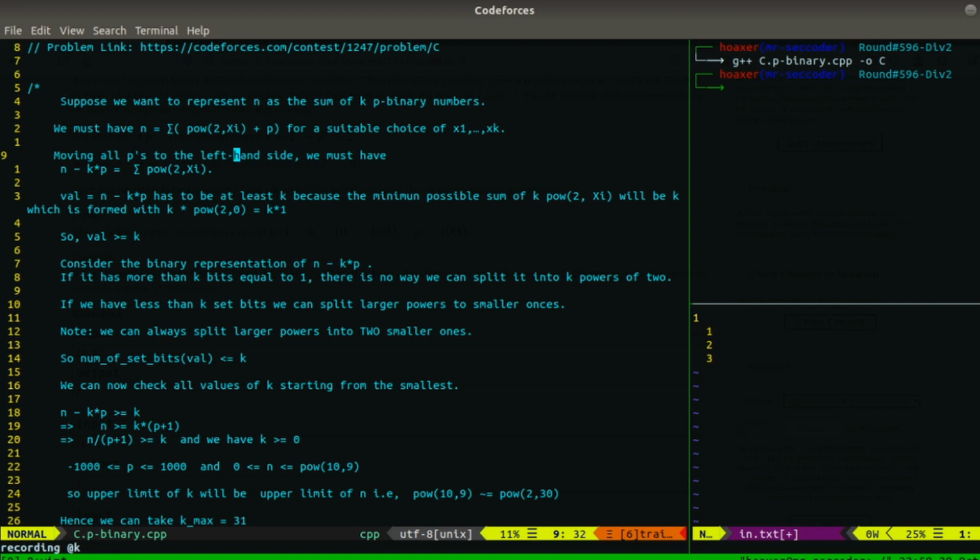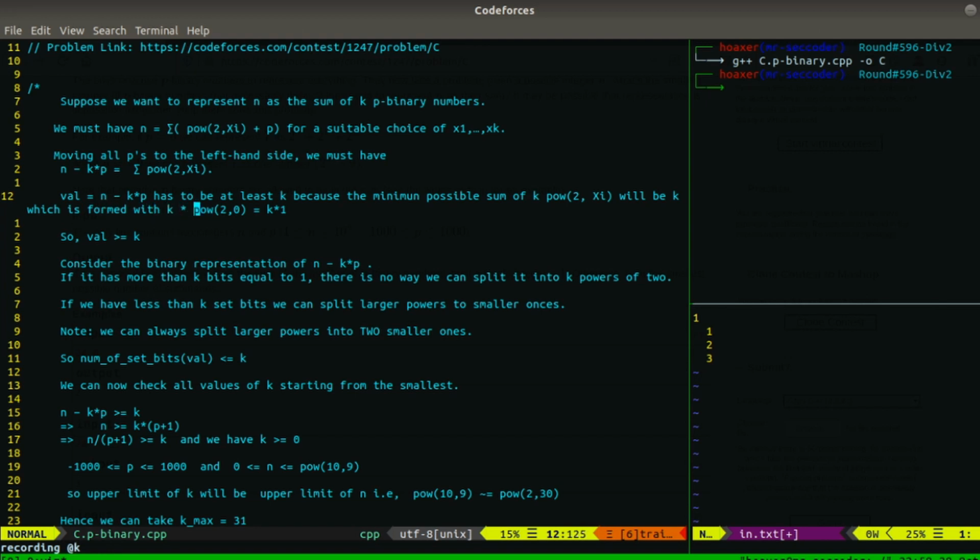Moving all the p's from the right hand side to the left hand side, we can achieve this equation: n minus k into p is equal to the sum of 2 power x of i. As you can observe clearly, the minimum possible right hand side is k. Why? The minimum possible right hand side can be achieved by considering all x of i's as zeros.